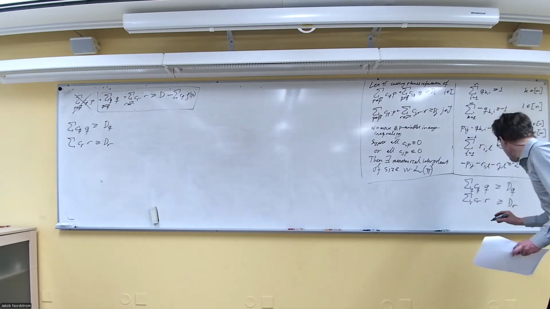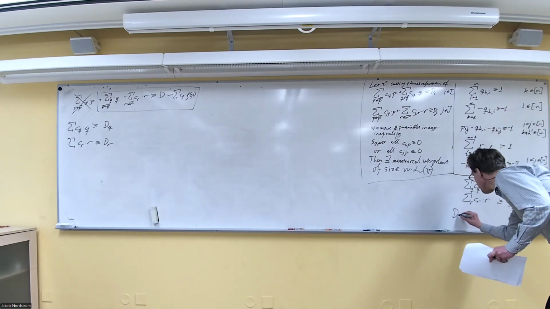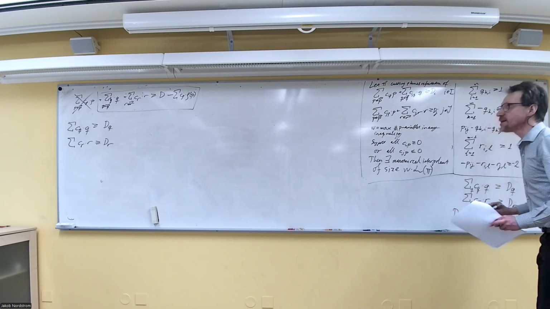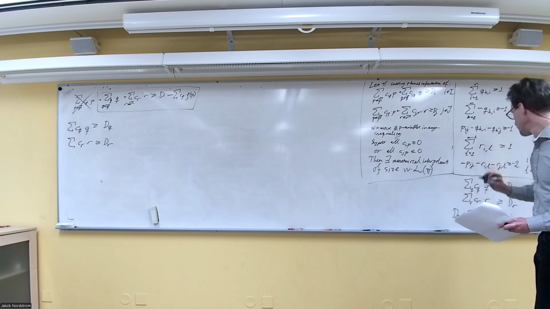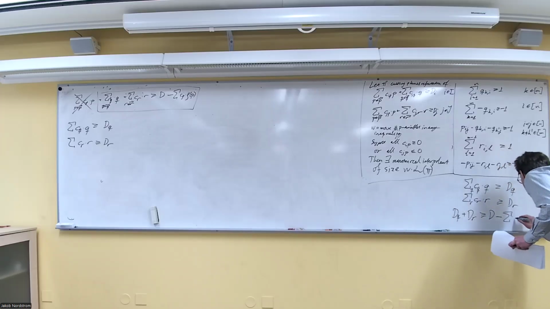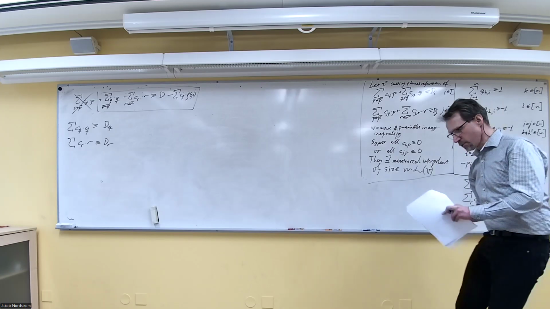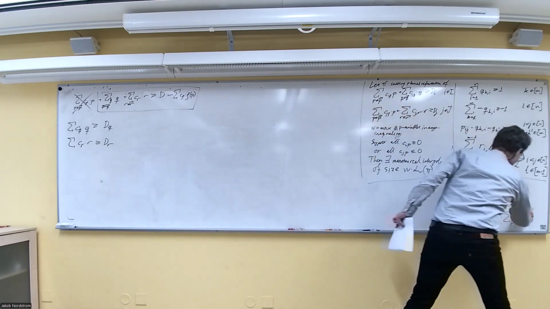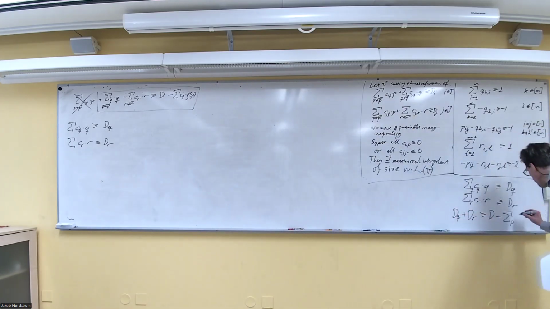And then importantly, we're going to maintain the invariant that DQ plus DR is greater equal D minus the sum over the P's of the coefficient Cp times rho of P.